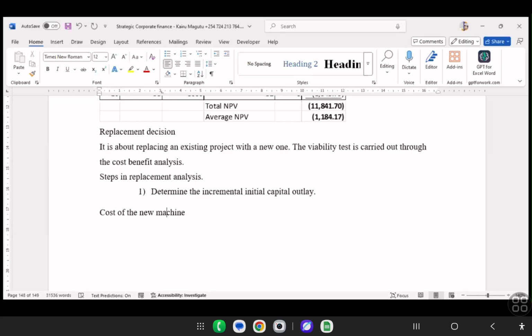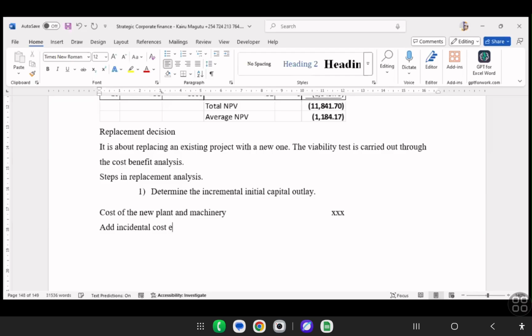Let me say that the cost of new plant and machinery. Here we have the cost of the new plant and machinery. Now, to this machine, we add incidental costs.